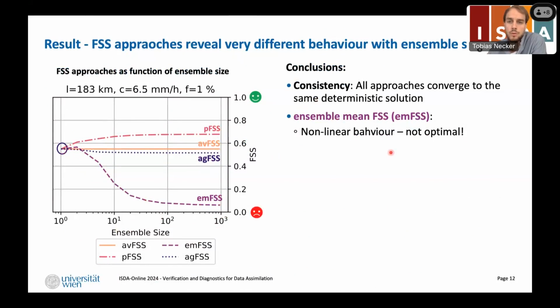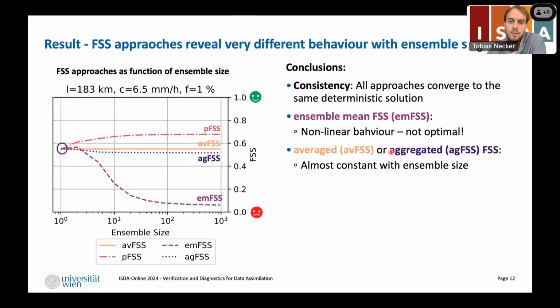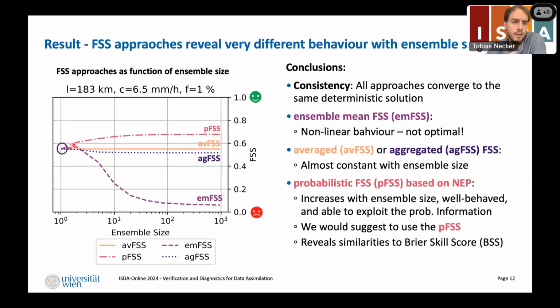So I would not recommend verifying the ensemble mean with the FSS. If you look at the average or aggregated FSS, so the different versions of ensemble pooling, we can see that it's almost constant with ensemble size. And if you look at this probabilistic FSS, we can see it increases with ensemble size, is well behaved, and able to exploit probabilistic information.